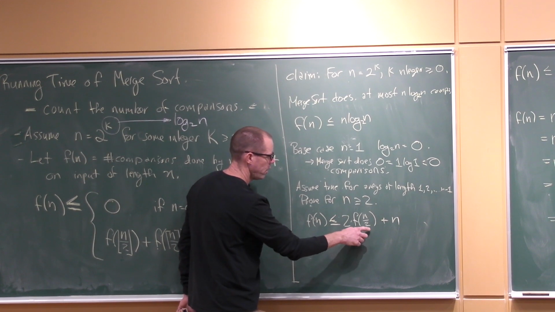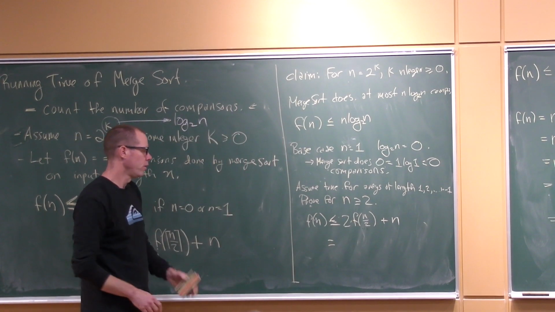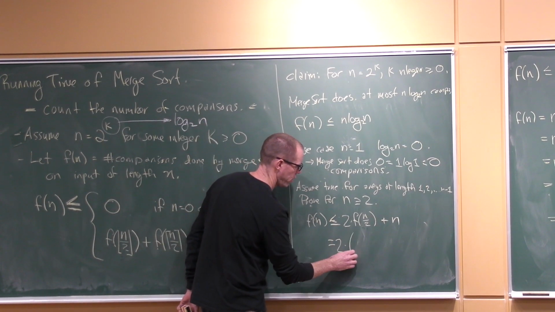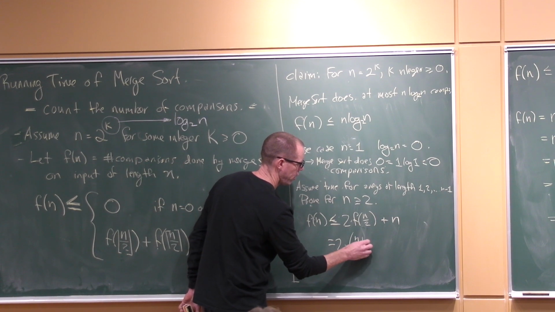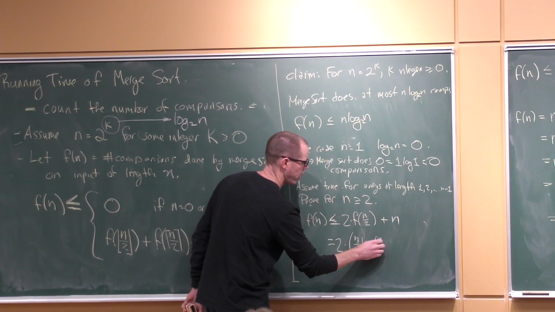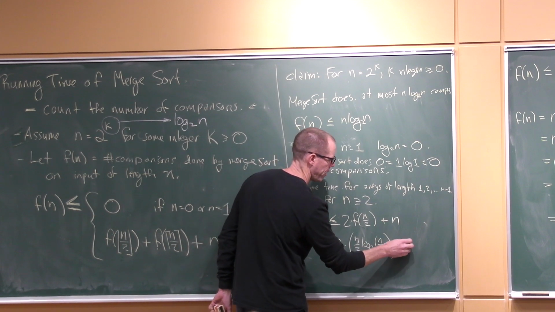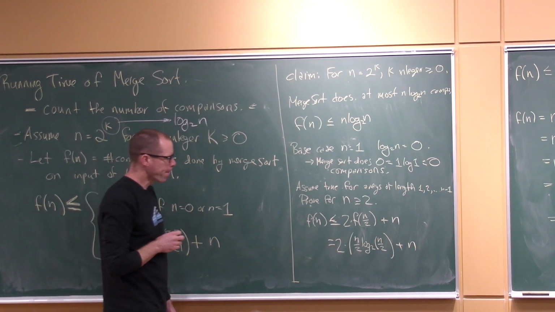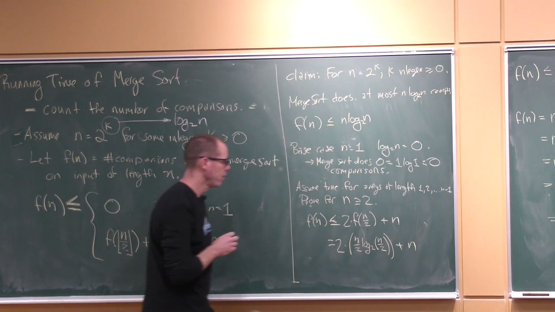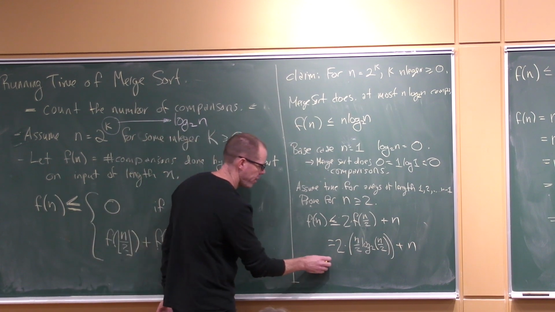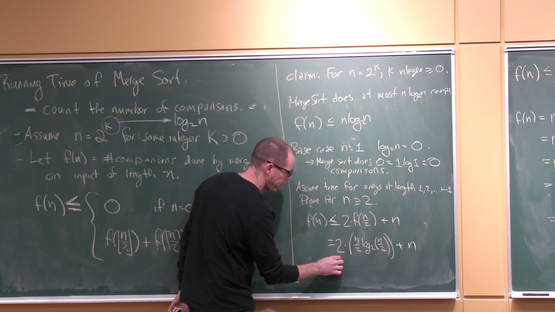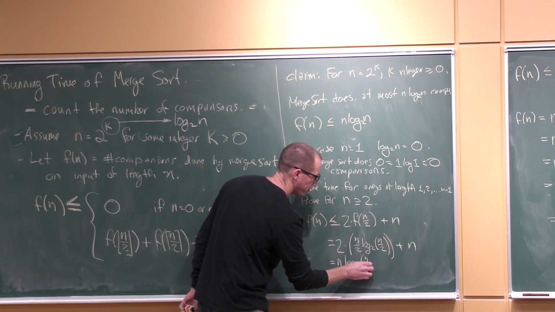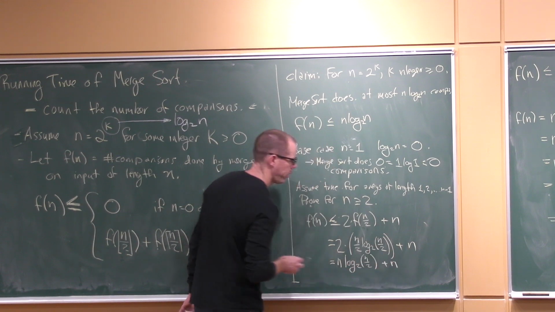So that says the value of f of n over 2 would be n over 2 log base 2 of n over 2, plus n. We can simplify that still a little. That's going to be n log base 2 of n over 2 plus n.